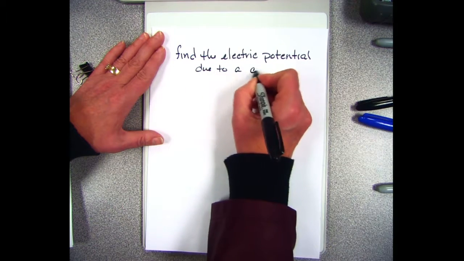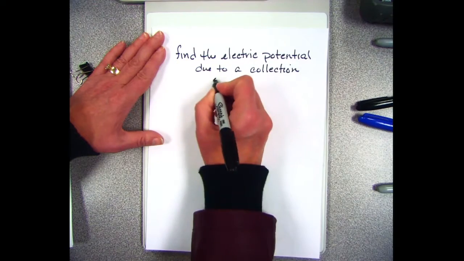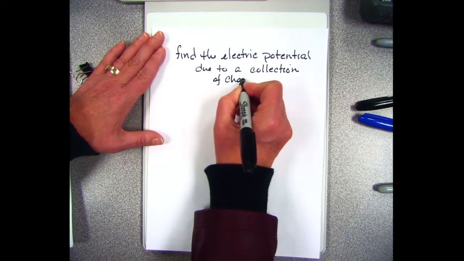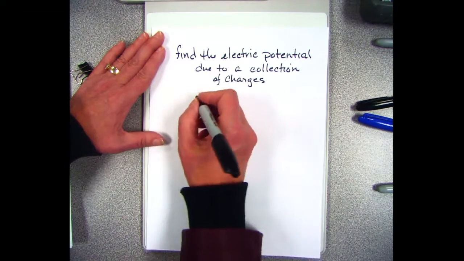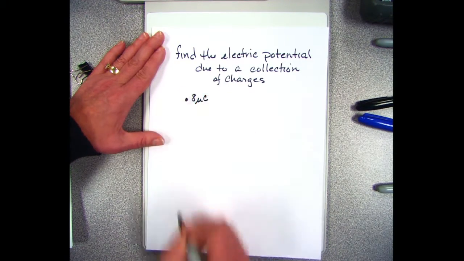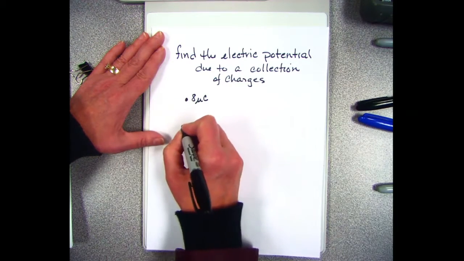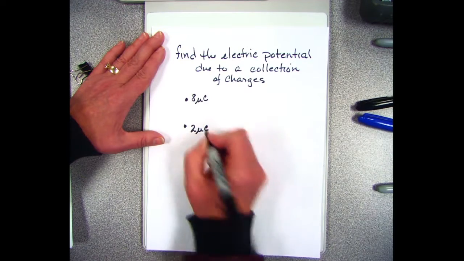So we're going to give you a collection of charges. I'm going to give you an 8 microcoulomb charge here. I'm going to give you a 2 microcoulomb charge there. Give you a 4 microcoulomb charge here. And we want to find the potential at this point.